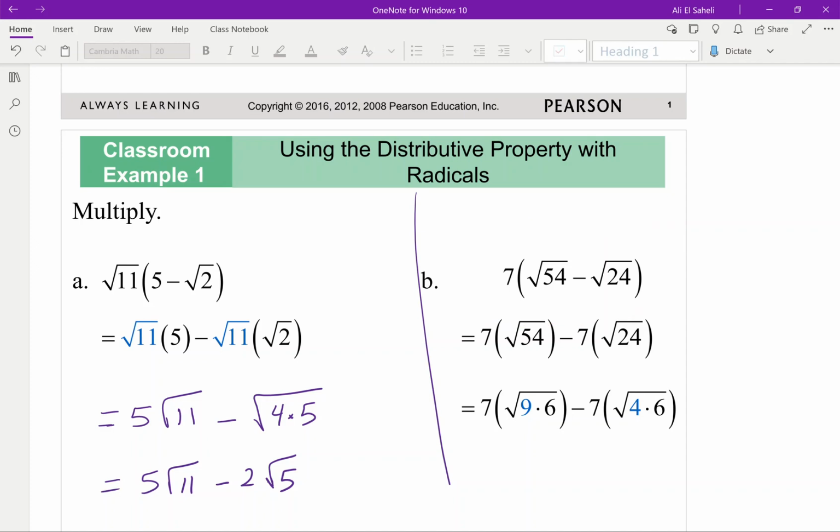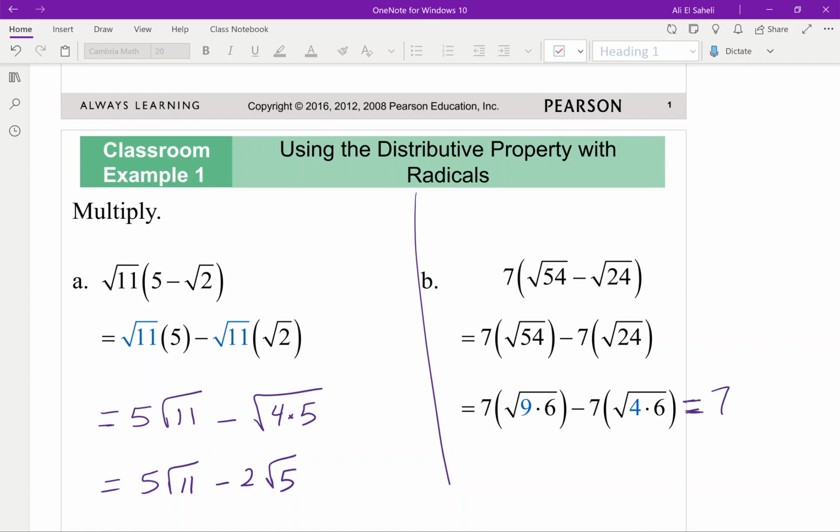B. So 7 times radical 54, 7 times minus radical 24. 54 is 6 times 9. The 9 comes out as 3. Radical 9 is 3.